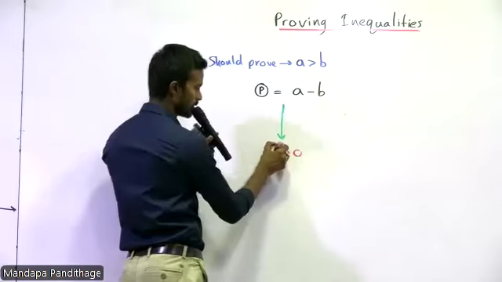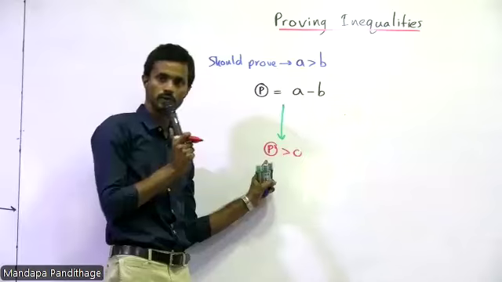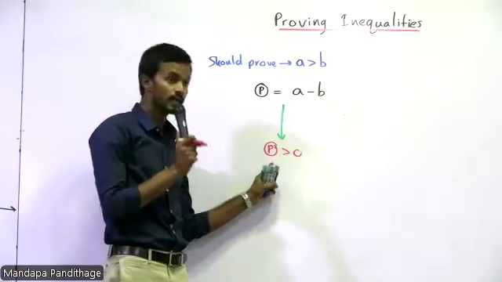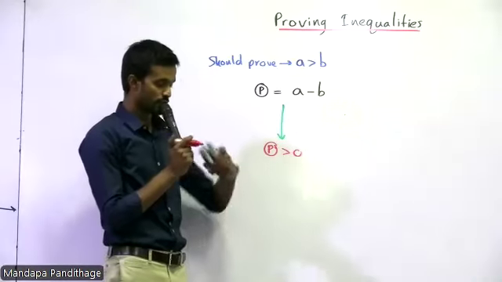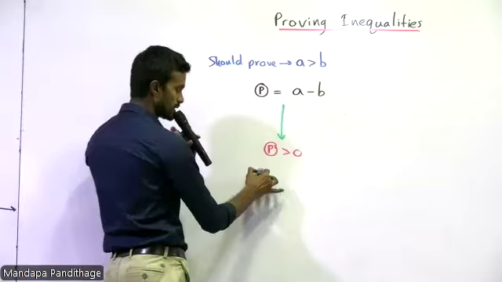I'll show you an example, then you will get it clear. You have to simplify this up to a place that you can clearly say, yes, this is greater than 0. So if you can show that it is greater than 0, now look at this. What can you write? P is a minus b.